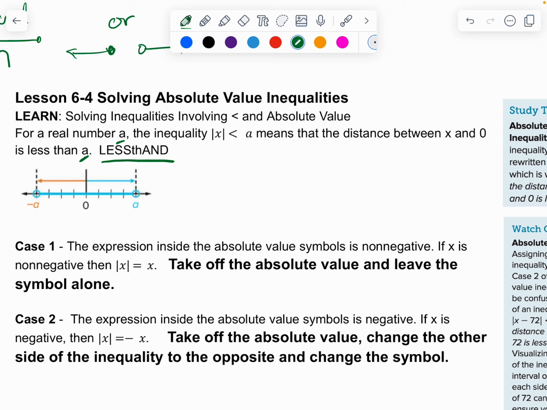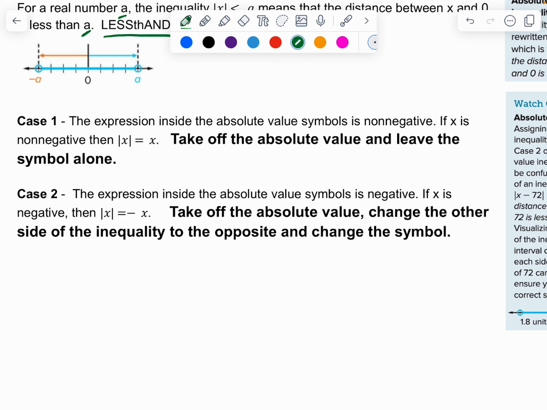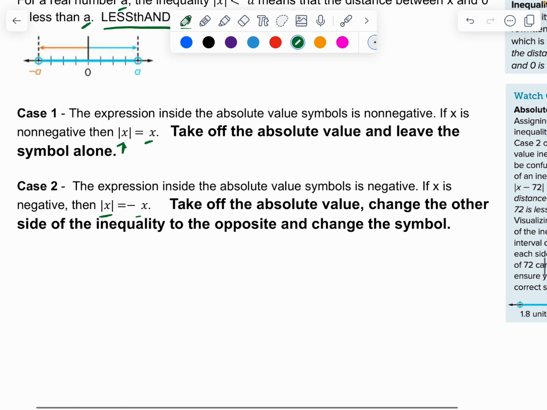And I teach my kids less than. Okay, so basically what you're going to do is take what's in the absolute value and set it equal to the positive, and then take the absolute value and set it equal to the negative. So that's all you're doing.